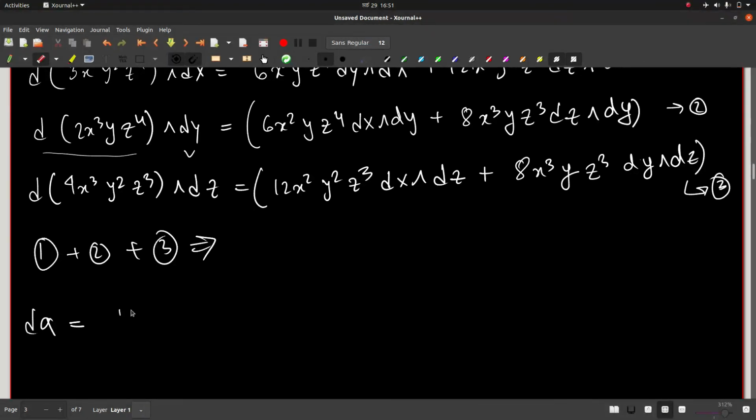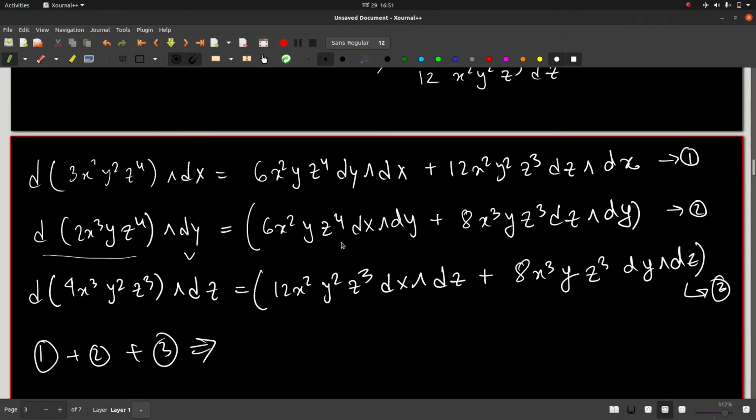First we want to write the terms with dx wedged with dy. So let's write dx wedged with dy, and we want to collect the coefficients over here. So this is one of the coefficients of dx dy. This is one. Then there is another one over here, and then there is none.